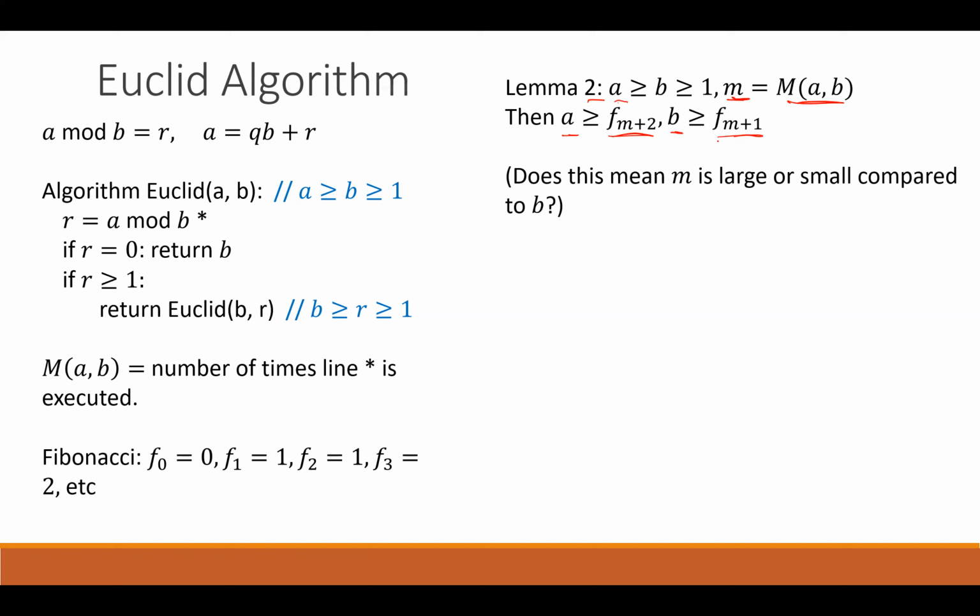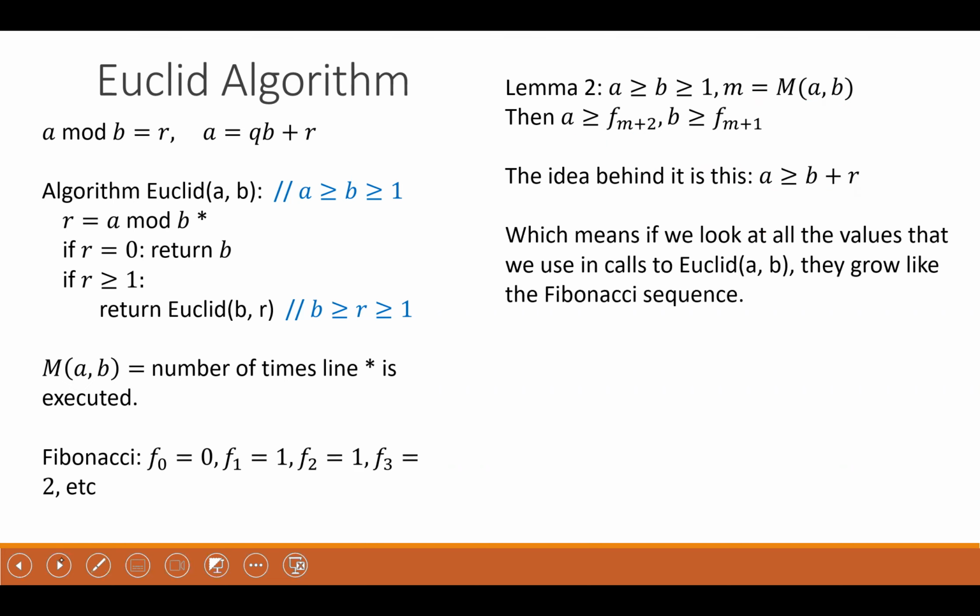So that's our claim. So if we make M recursive calls to Euclid, then these numbers are roughly the M plus second and M plus first Fibonacci numbers. Does that mean M is large or small? Well, we're going to answer that in a second.